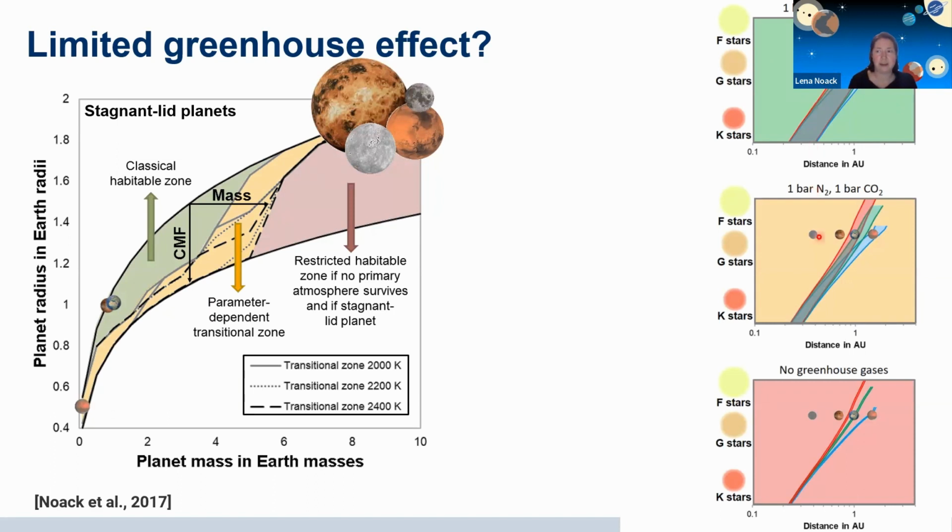But if you actually don't have that, if you have just a little bit of CO2, maybe no CO2, so these are these yellow and reddish areas here, then this may not be given anymore. And so there's a range of planets that seem to be more interesting for potential habitable planets. However, there are a couple of caveats there.